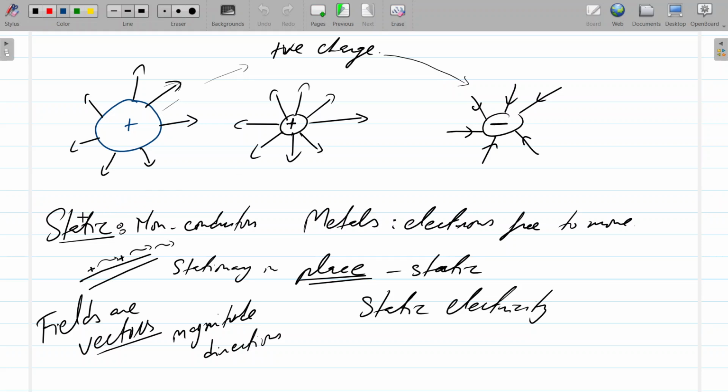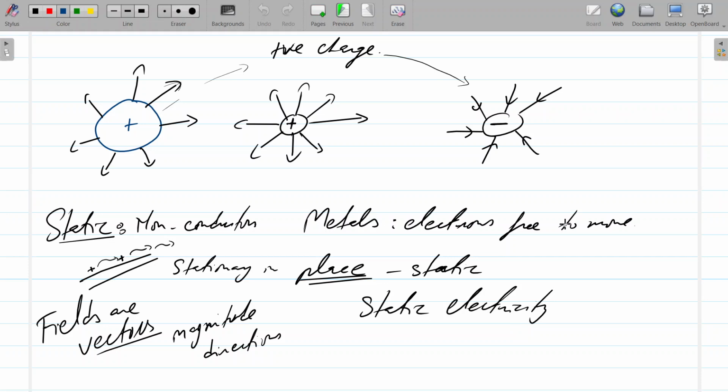And then static electricity occurs with non-conductors, right? And the reason why it's called static is because if a charge develops, it's not flowing, so it's in place wherever it develops. And so it's stationary, which is also called static, right? So not moving in place, and that is why it's called static electricity.